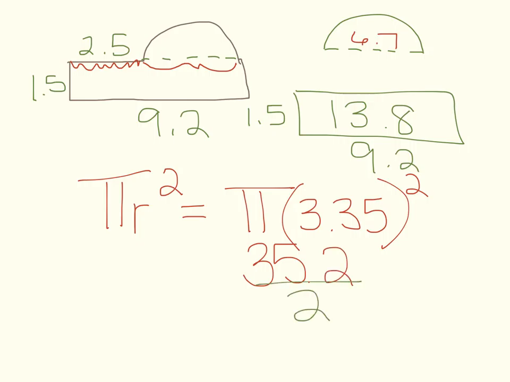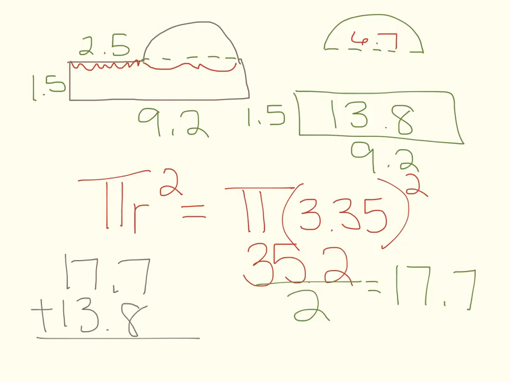So you actually have to divide that by 2 to get 17.7 for the area of the semicircle. So you're going to add the 17.7 plus the 13.8, which is going to get you an overall answer of approximately 31.4 for the area of your composite shape.